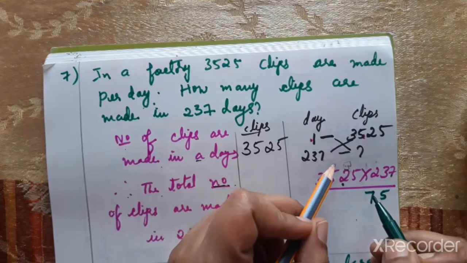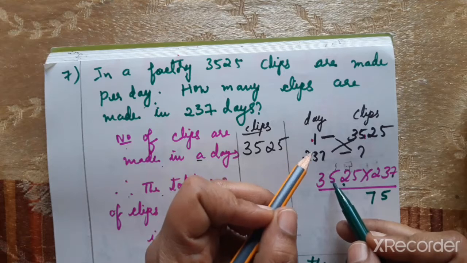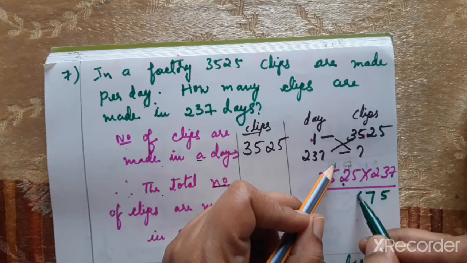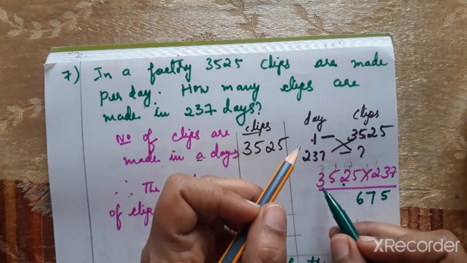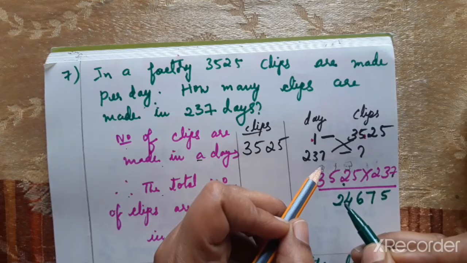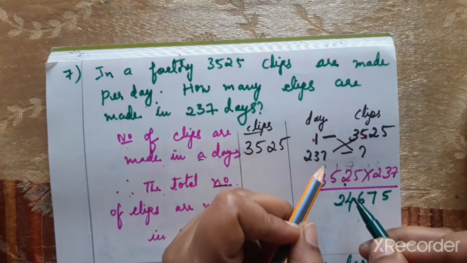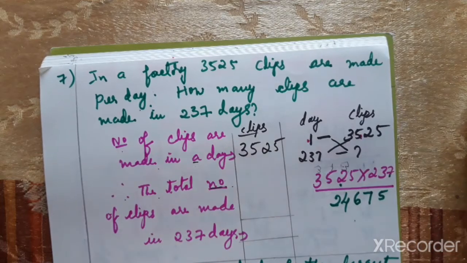So 7, 1 carry out to the next place. 7 5s are 35. 35 plus 1, 36. So 6 here, 3 carry out to the next place. 7 3s are 21. 21 plus 3, 24. So 24675. Now we have to multiply the next number.